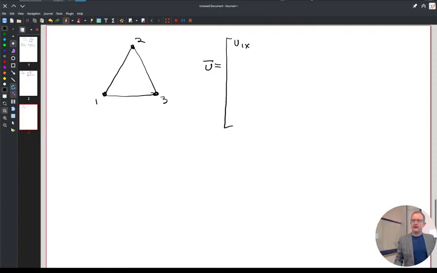My first value is u1x, left-right motion of that bottom left. Next one is u1y, up-down of that bottom left. Then u2x, u2y, u3x, u3y.